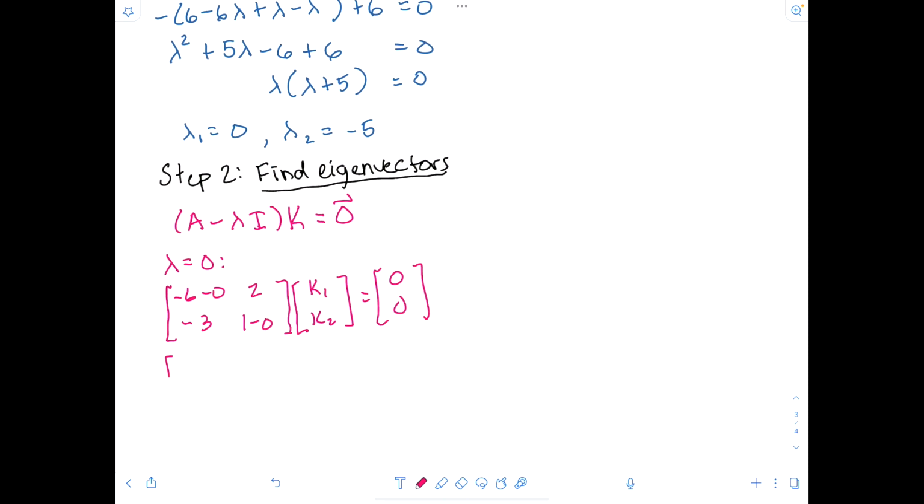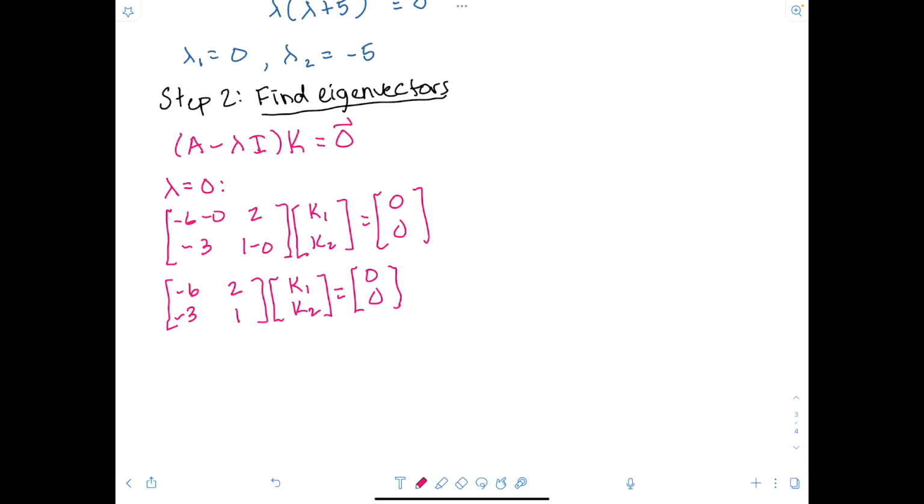So this is just negative 6, 2, negative 3, 1 times k1, k2, those are entries in the vector, equal to 0, 0.